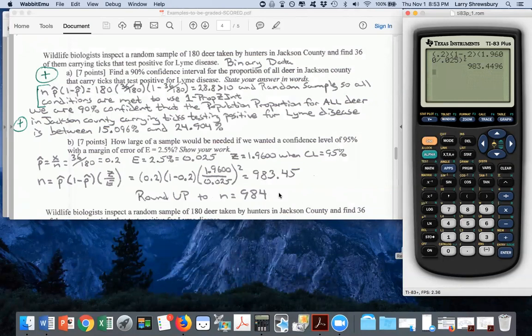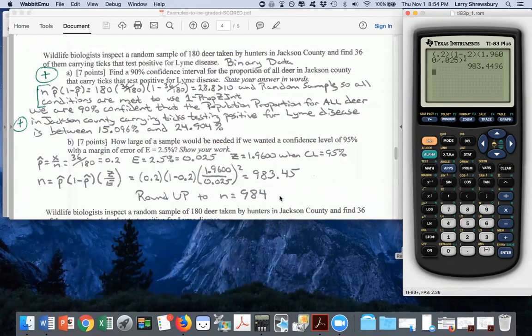What that means is, you said, boy, that's a big sample size. Yeah, but you're going to be happy if you get one that big. Because if you get a sample size that big and use it to construct a 95% confidence interval for the population proportion, your margin of error E will actually be that small. So it'll be narrowed down that much.